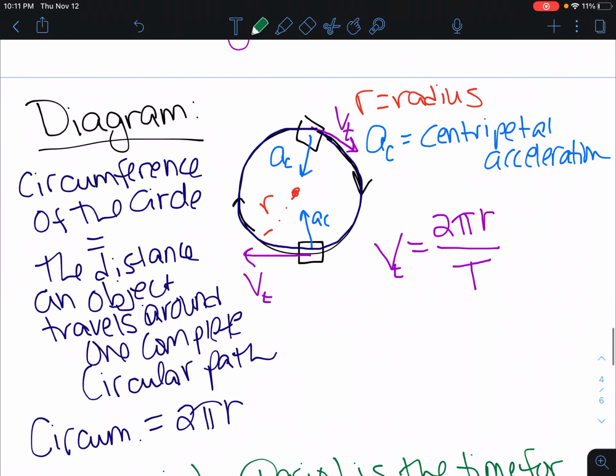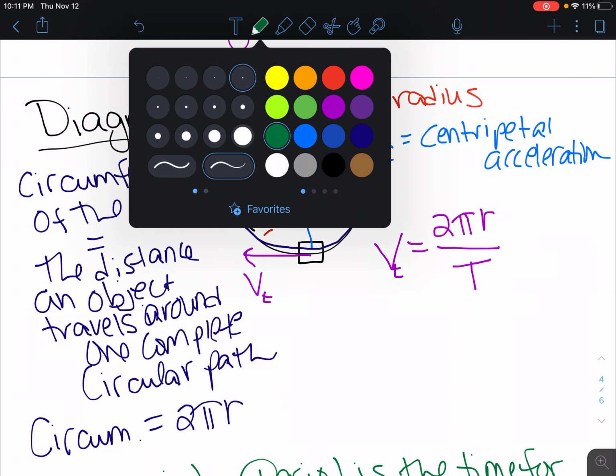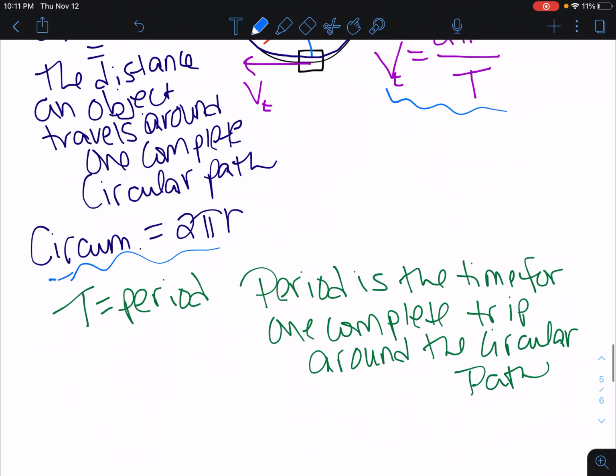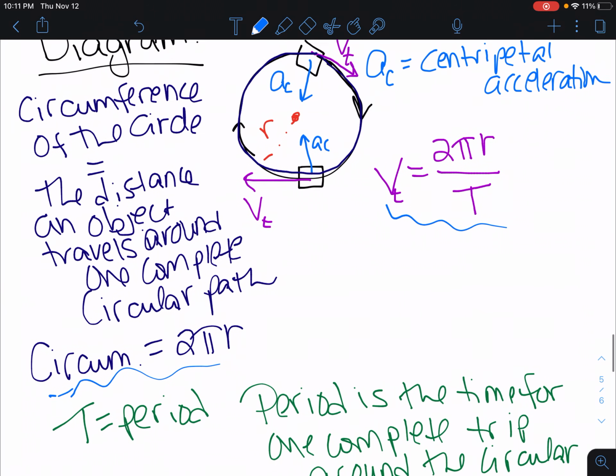Okay, so last but not least, so now we have how to figure out the distance around a circle. That's just calculating the circumference. We talked about how to then calculate the tangential velocity by taking that circumference divided by the period. The period is just the time for one revolution or one complete trip around the circular path.